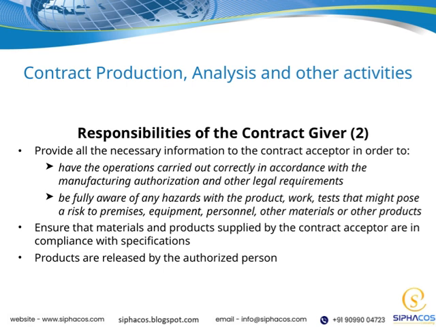Finally, the contract giver is responsible for overseeing contract production, analysis, and other related activities. This oversight helps maintain the integrity of the process and guarantees that everything aligns with regulatory standards and our quality expectations. In summary, these responsibilities are all about clear communication, safety, compliance, and quality control, key themes that support the overall goal of a well-managed outsourcing process.